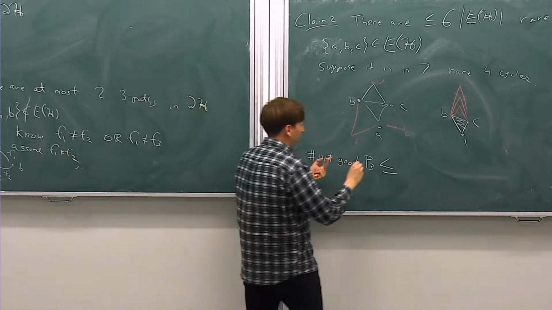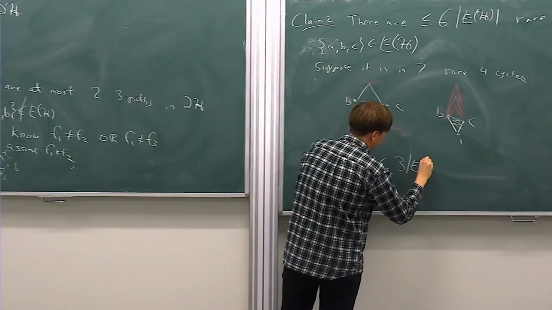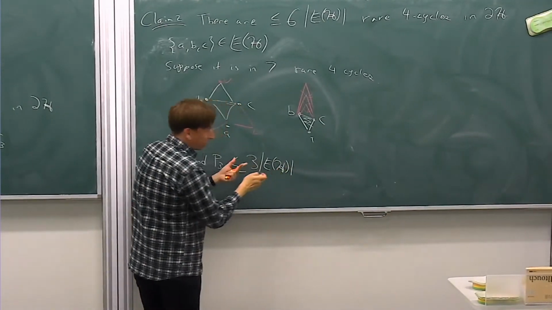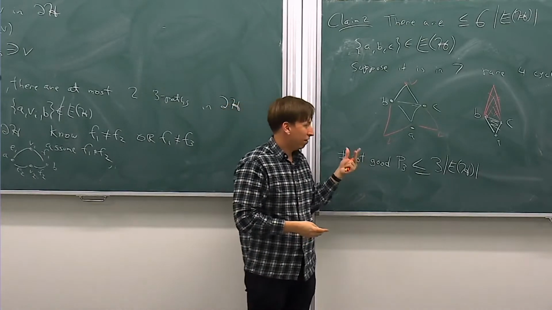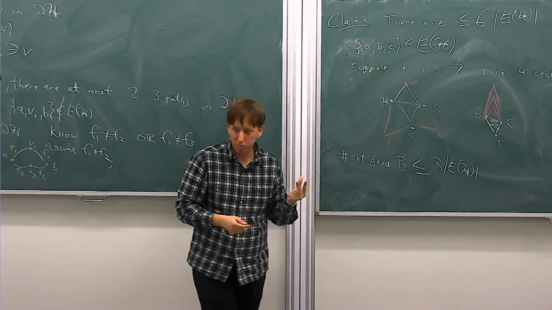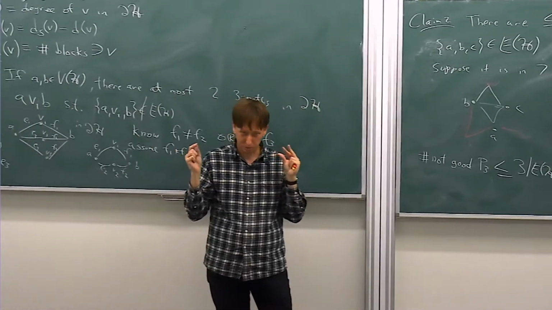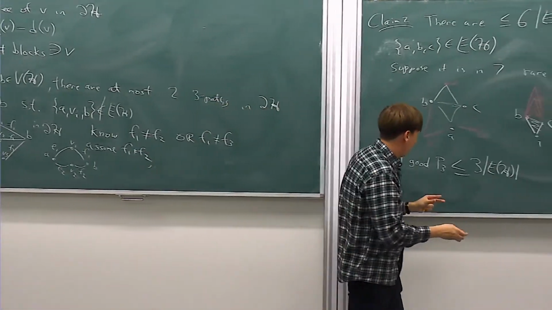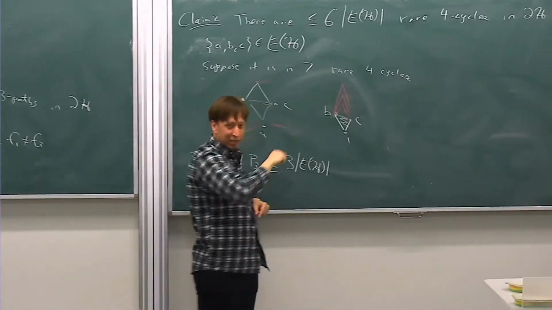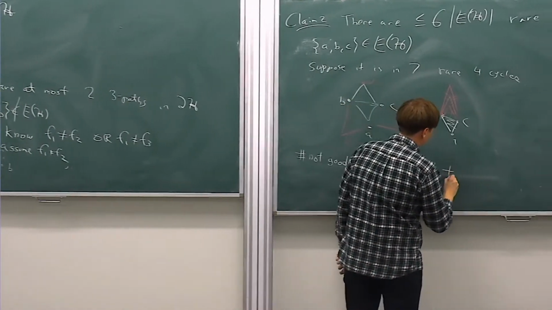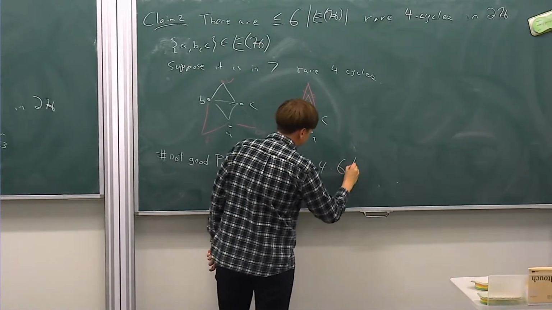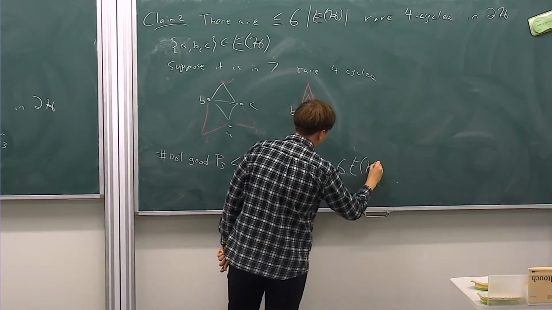So a hyperedge can contain a 3 path, so that's one way in which it can be bad. But we can also have a 3 path which is not good because it has a 4th vertex which completes it to a rare 4 cycle. But we've seen that we only have 6E rare 4 cycles. So naively, we could write 4 times 6 E of H.